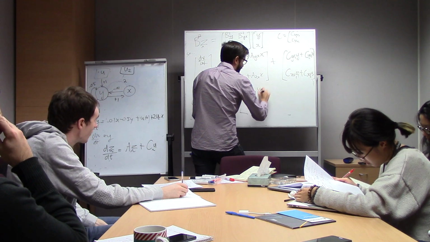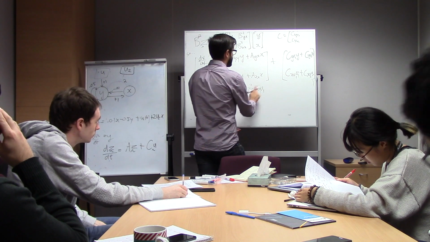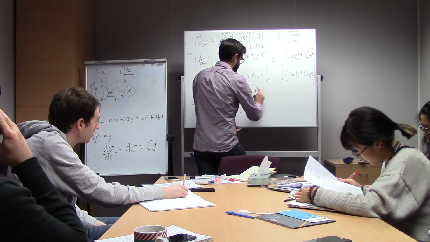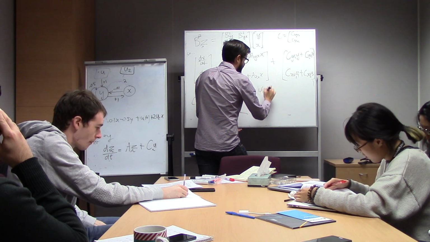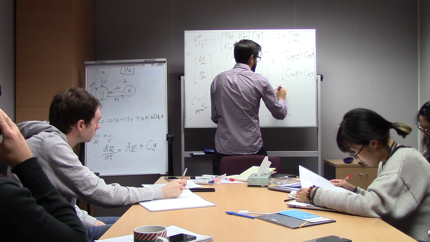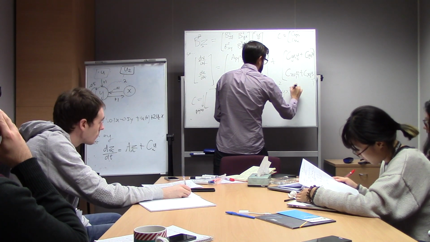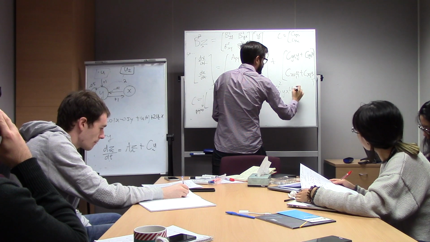b2yy u1 times y. Sorry, no, oops. There's only two. b2yy u2 times y plus b2yx u2 times x.